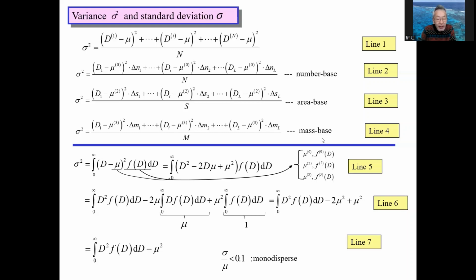In order to apply the concept of monodispersity to real particles, there is a criterion which is widely used in the field of engineering and technology. If the standard deviation is less than 10% of the mean particle size, the particles are regarded as generally monodispersed in practice.